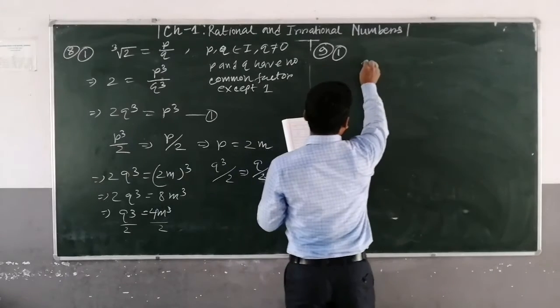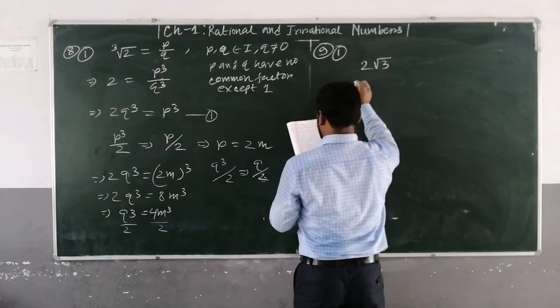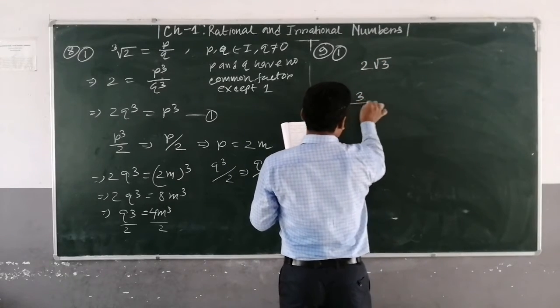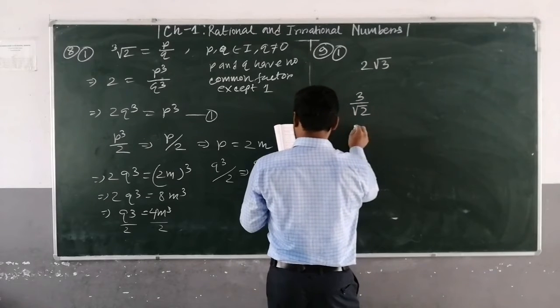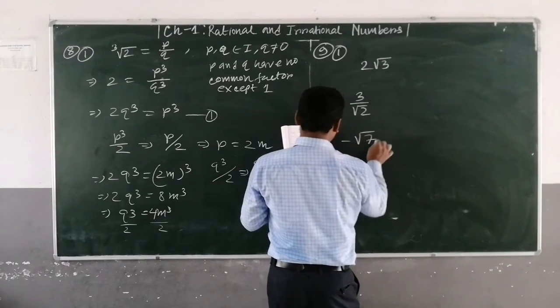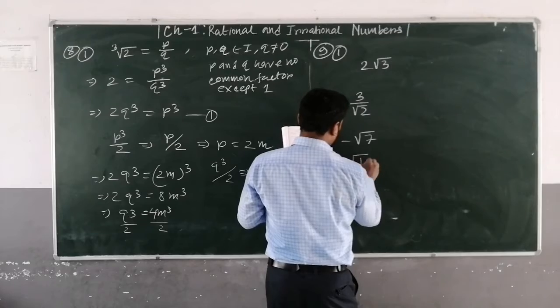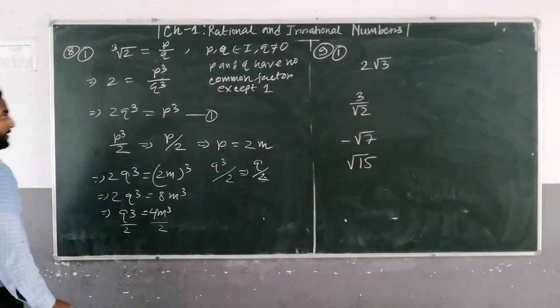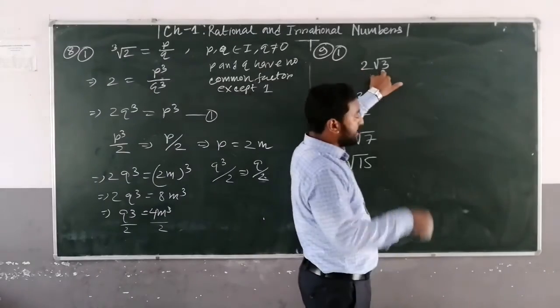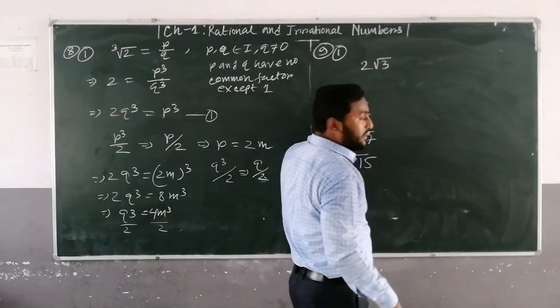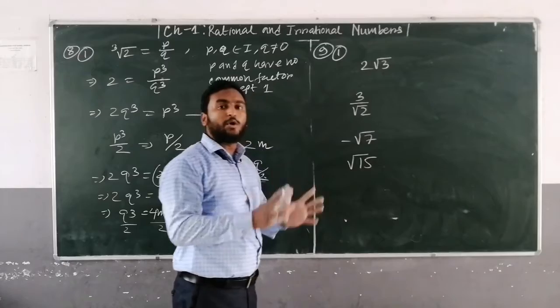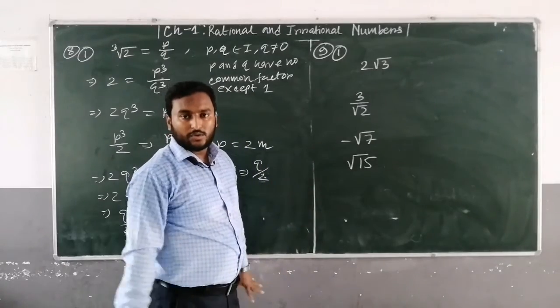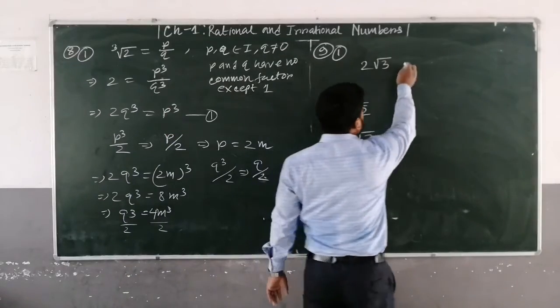At first it is given 2√3, 3√2, −√7 and √15. Here this is the whole part and this is the irrational part. So take all these whole parts inside the root, then you can compare.